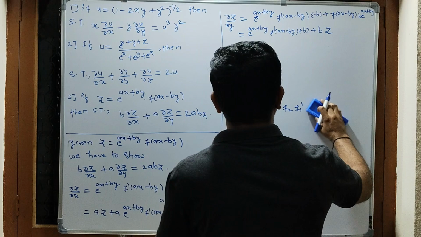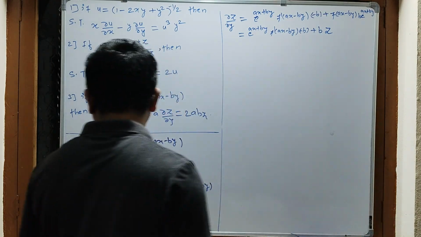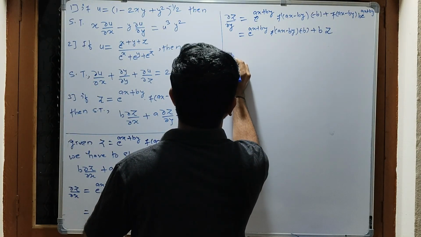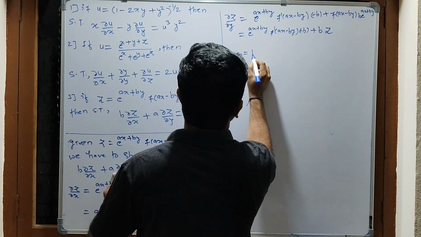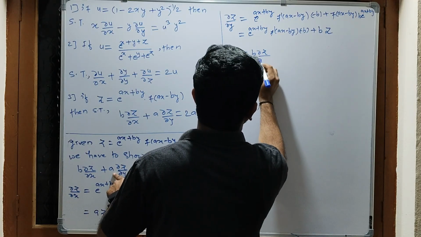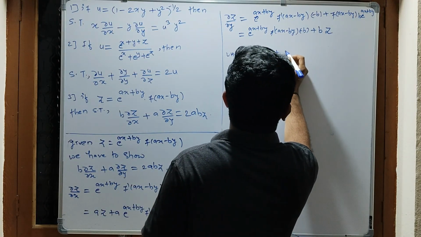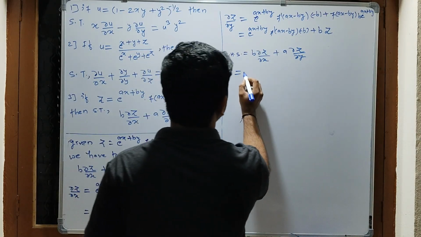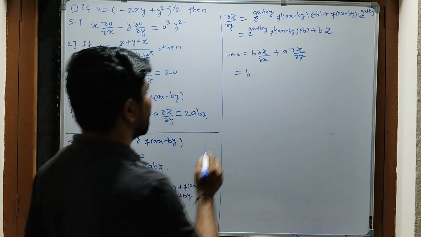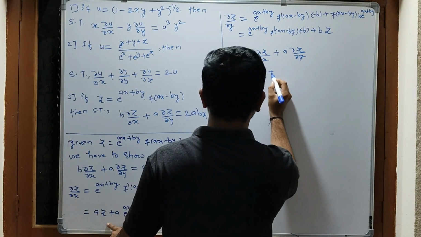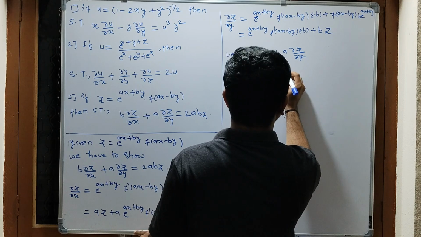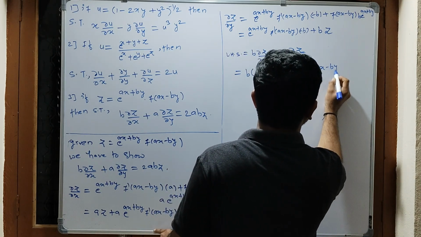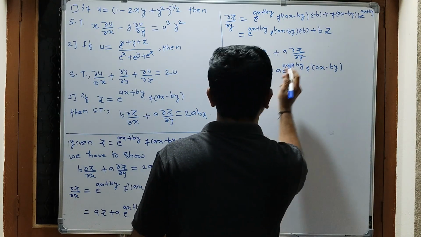Therefore, LHS equals b times dou z by dou x plus a times dou z by dou y, which is equal to, now tell me, b times dou z by dou x is a z plus a times e to the power ax plus by into f dash of ax minus by, plus a times dou z by dou y.